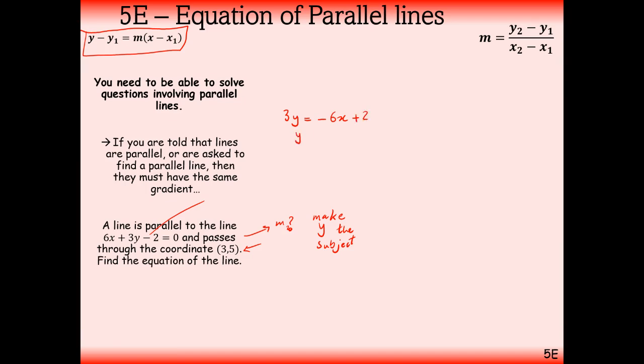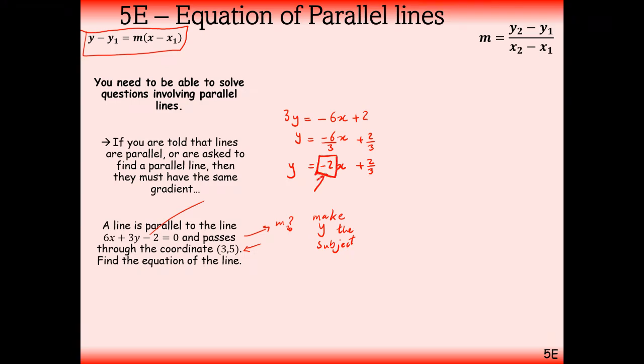Then divide both sides by 3. So you get negative 6 divided by 3 and 2 over 3. So this gradient is negative 2, and the intercept is 2/3. We are mainly concerned with this gradient here.